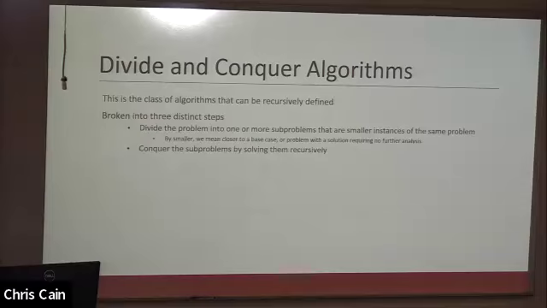But to create a sorted array of size 2 based on 2 sorted arrays that are of size 1, there's a little bit of work that we need to do. We need to figure out which of those 2 size 1 sorted arrays comes first when we combine them. So we'll combine the subproblem solutions to form a solution to the original problem.